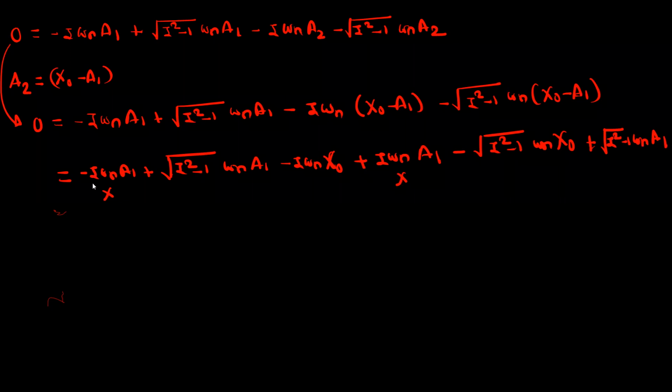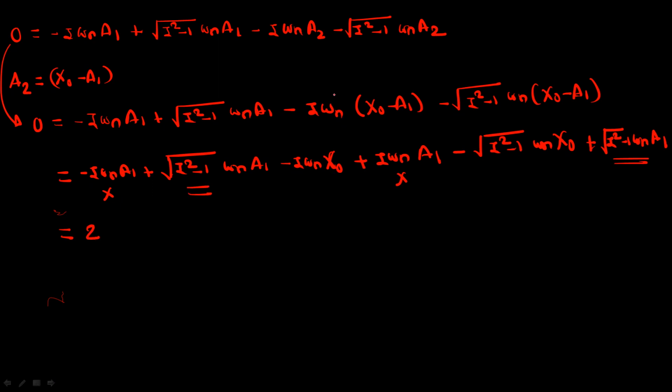Okay, so here you can cancel out this term, minus zeta omega n a1 and the positive one. And the second term, which is square root zeta square minus 1 omega n a1, and this term, both are positive, so we can add those terms.